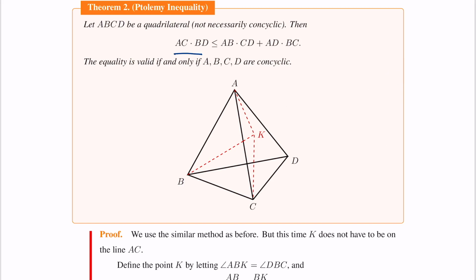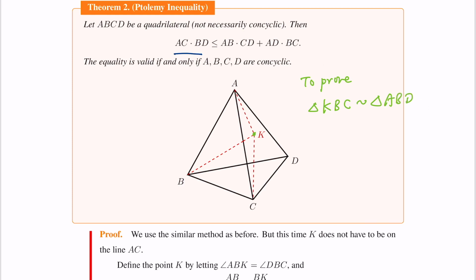And so the difficult part is that I can make these two triangles similar, but the difficulty is how to prove the other two pairs of triangles are similar? So triangle KBC is supposed to be similar to ABD. Okay, why?